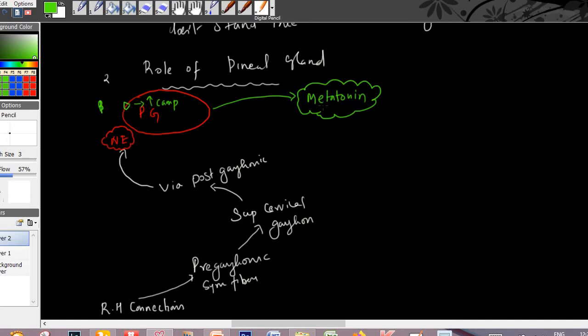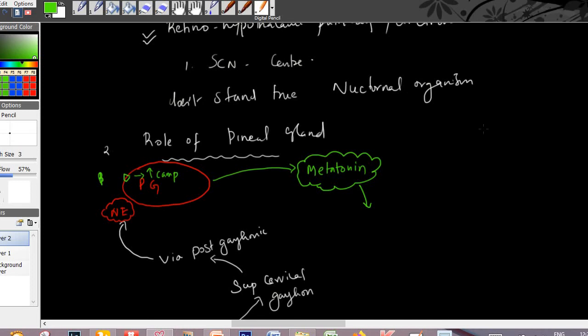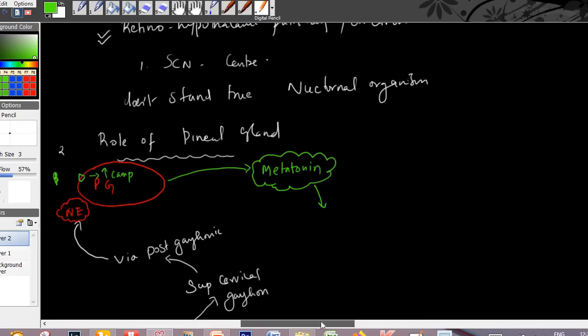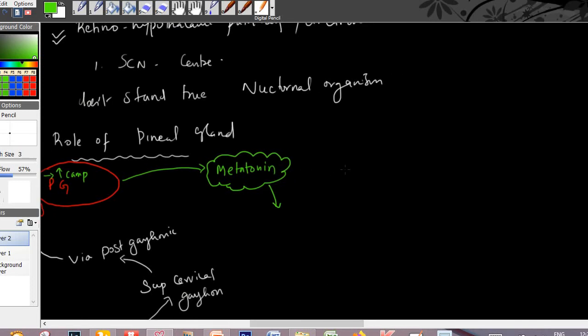What does melatonin do? First, before going in that direction, we will just see what mechanisms happen inside your pineal gland so that this melatonin is released. That starts from the chemical serotonin.